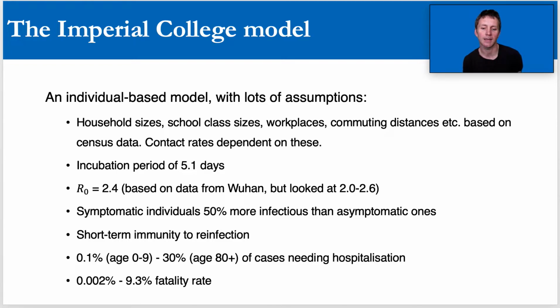Similarly, the fatality rates were structured by age, so very low fatality rates were assumed for young children, and just under 10% for people aged over 80. So these are the assumptions going into the model when they're predicting these things.